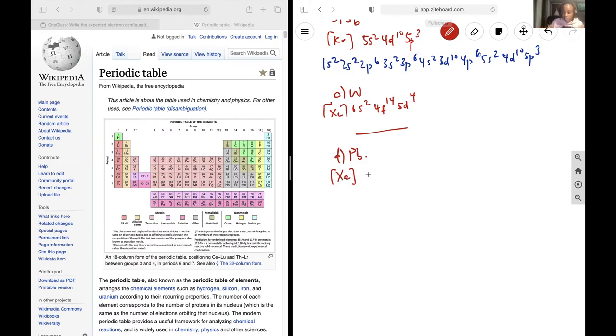Again, we're going to be passing 6s2, 4f14 with the lanthanides, 5d10 because we get out of the transition metals. And then we're going to have 2 here. That's going to be 6p2. And that's it for that one.